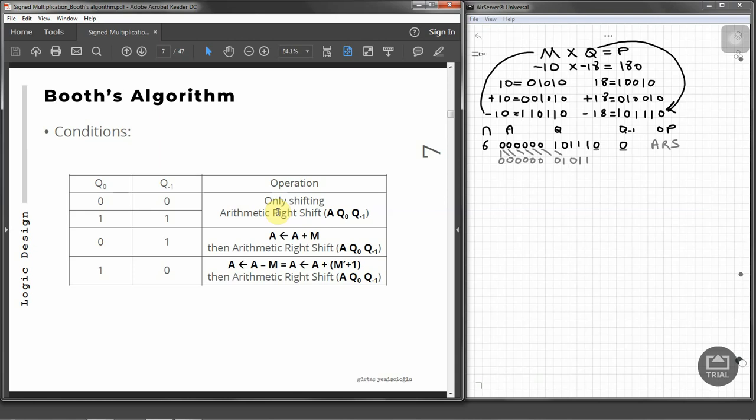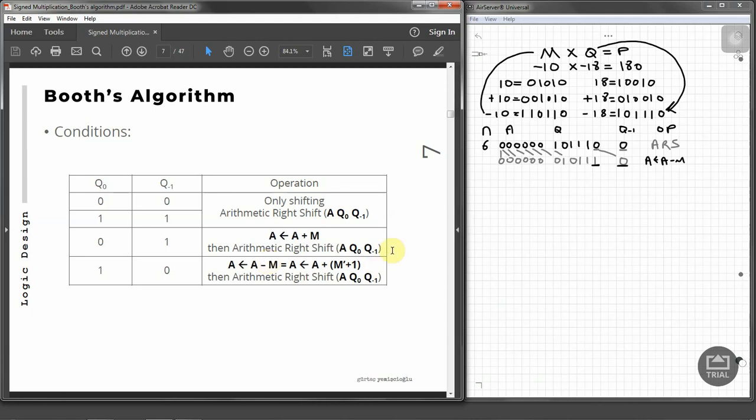Now we have got a new number. Then we need to check that number. So 1 and 0, the last two bits. So 1, 0 is A minus M. That means A minus M. So we need to do what?